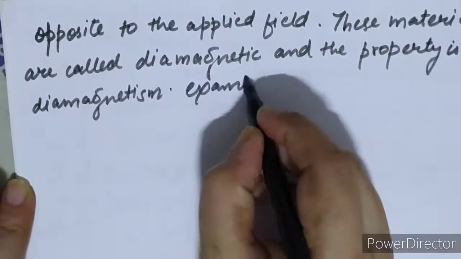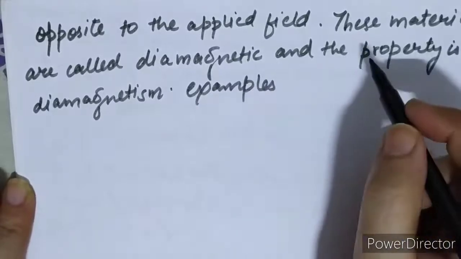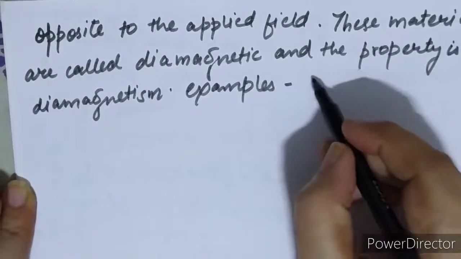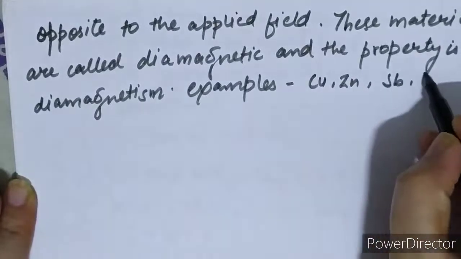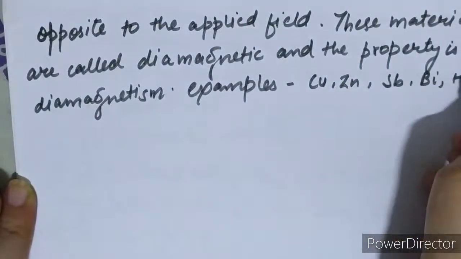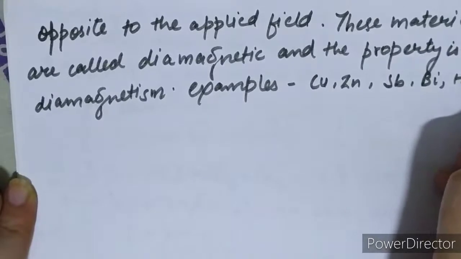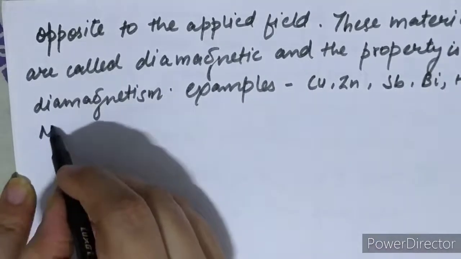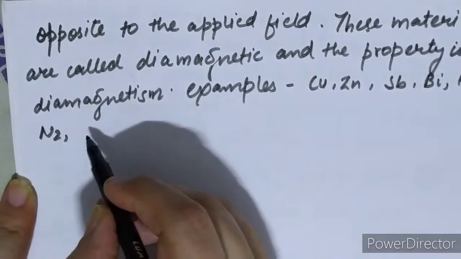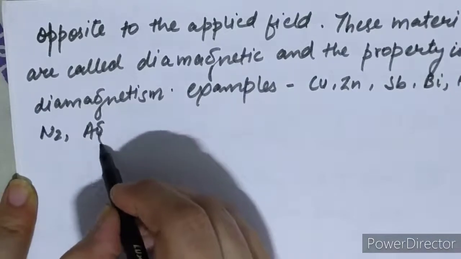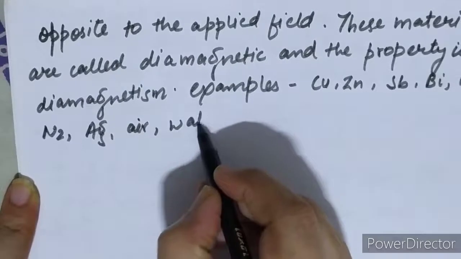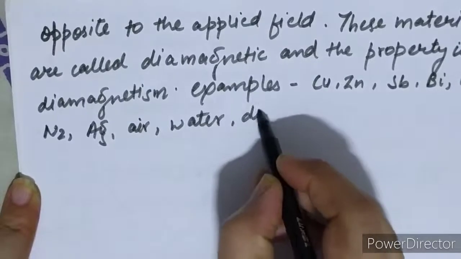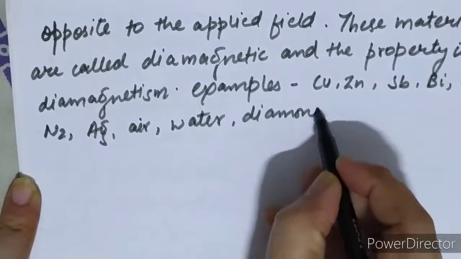Examples: copper, zinc, antimony, bismuth, hydrogen, nitrogen, silver, air, water, diamond, and many more.